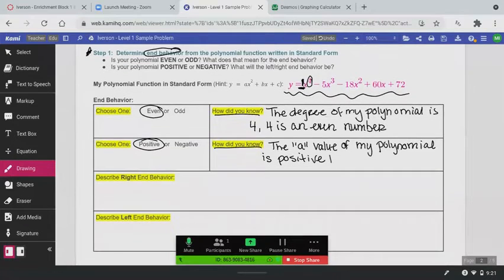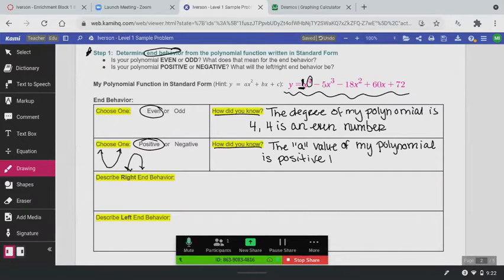All right, so knowing if my function is even or odd and positive or negative helps me describe my end behavior. If you remember back to earlier in chapter 3, we talked about end behavior being the same if a polynomial is even and opposite if a polynomial is odd.